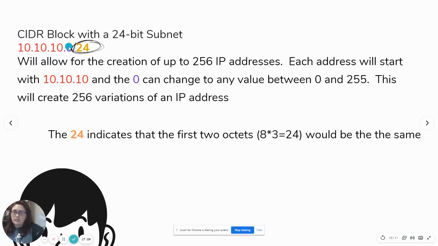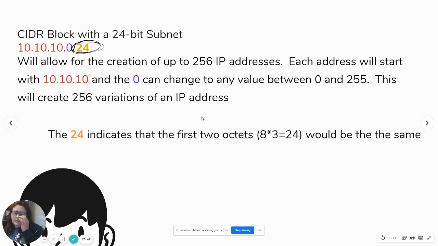The only thing that can change is the last 0. Now 0 is a value in itself. So even though it can go up to 255, you add the 0 because 0 is a value when it comes to binary. And so that's 256. So this will create 256 variations of an IP address.